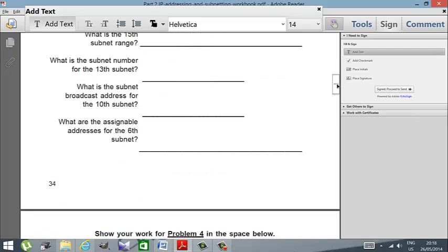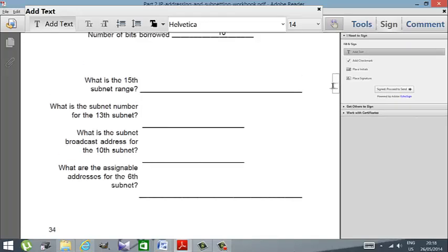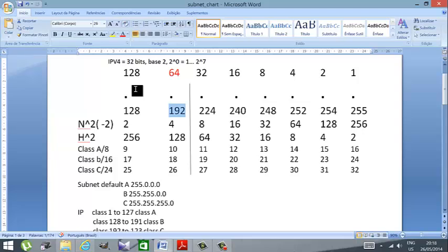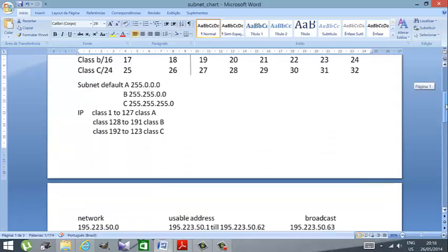Let's go for the second part of the question. What's the 15th subnet range? So right here we have also our magic number. In this case it is again 64. So in each subnet we're gonna add 64 to get the next subnet.